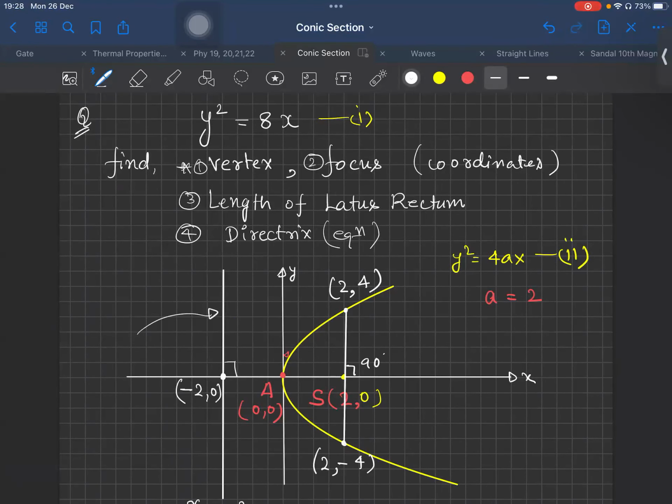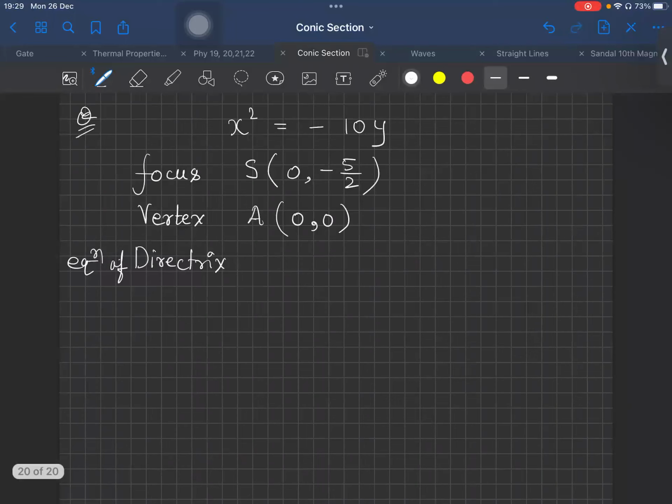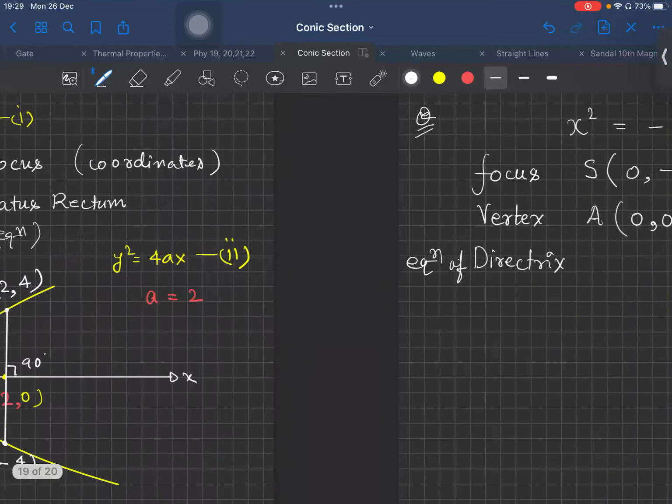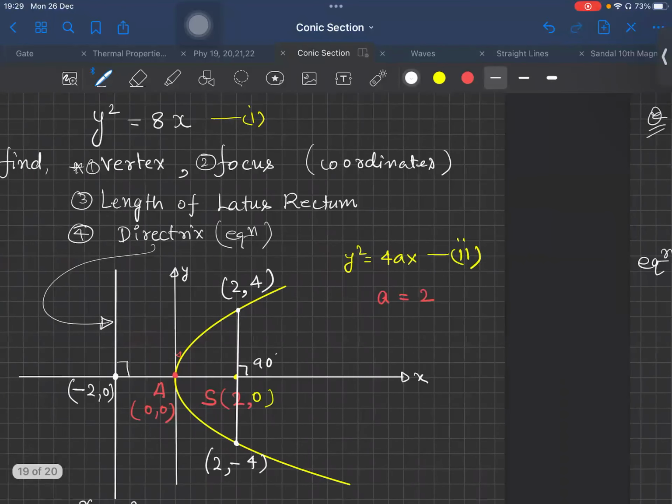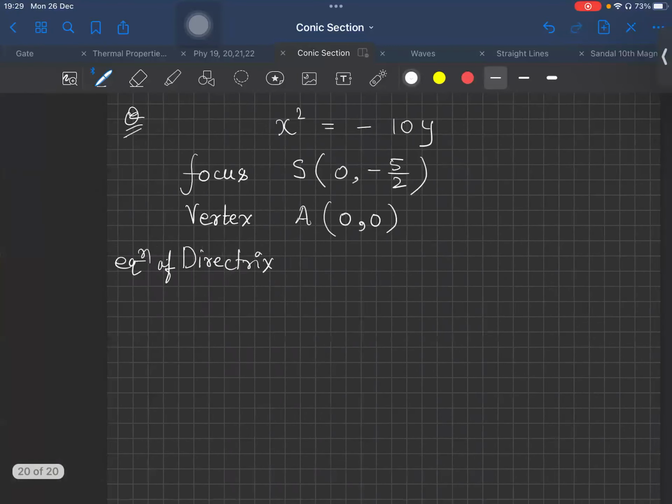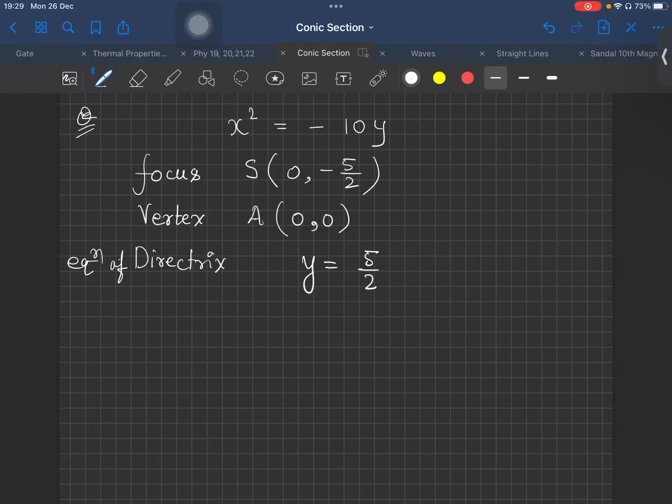So this is a straight line. You have to tell me the equation of this straight line. Tell me. Y is equal to 5 by 2. Yes, y is equal to 5 by 2. Okay. Length of latus rectum.